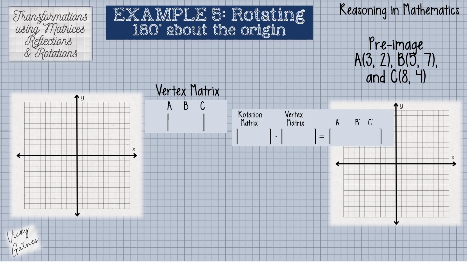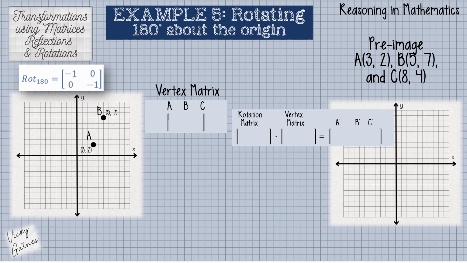Example 5, rotating 180 degrees about the origin. There is our rotation matrix. It doesn't specify clockwise or counterclockwise because they end up being in the same spot.